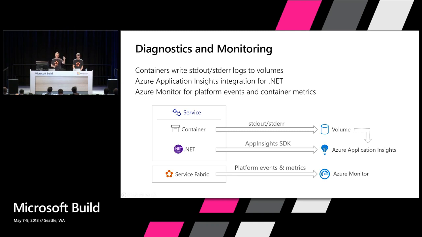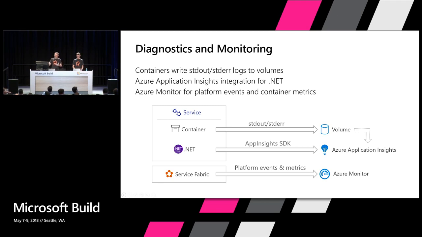And of course, we've continuously provided you with the first-class capability of taking all your diagnostics and pushing them to things like App Insights. So all the container logs that go to standard out and standard error, we can push out to local disk, or through the Service Fabric App Insights, we can push them into App Insights to be able to view them inside the Azure portal.